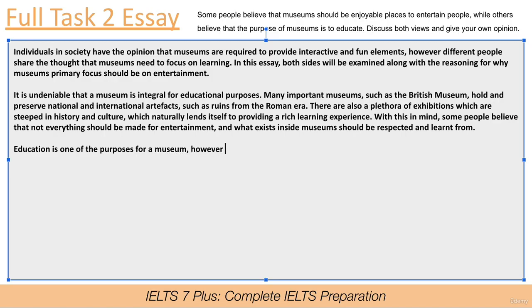However, it is clear the main motivation for a museum is entertainment.